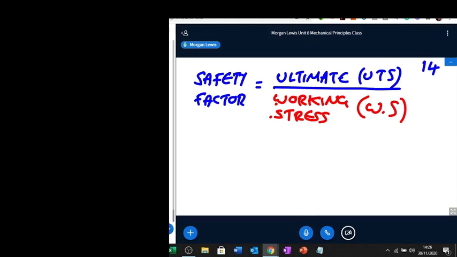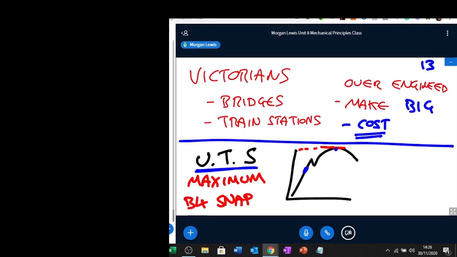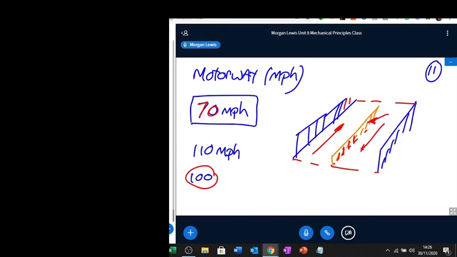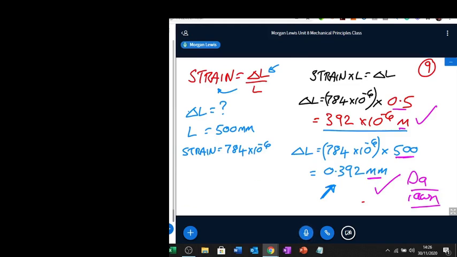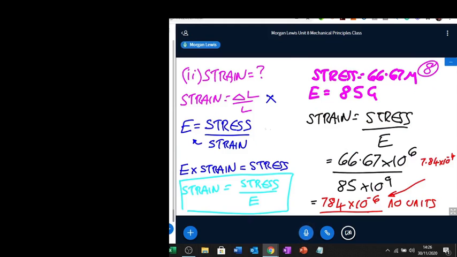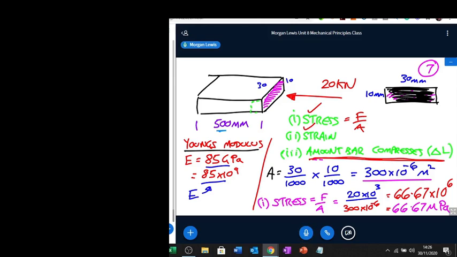Now all that is the stress that we're working at. 70 miles an hour, or whatever we've worked out here. So whatever number you've worked out here, this stress here could be our working stress. It's the stress that we're working at.